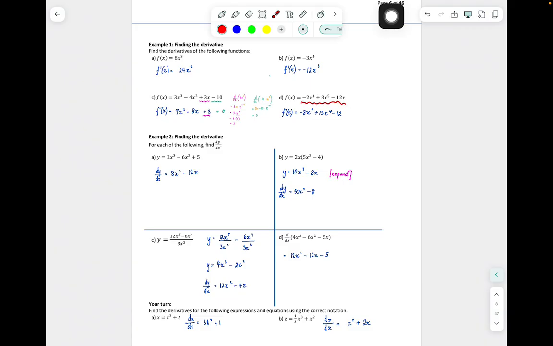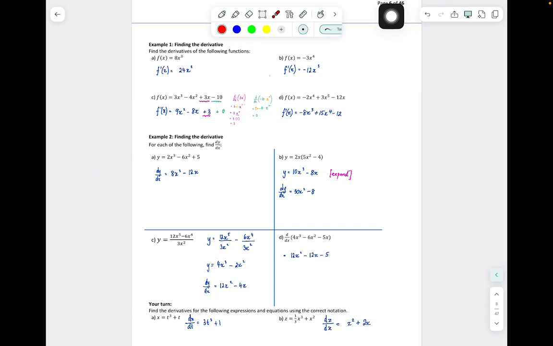In this example here, take the power, multiply it at the front, end up with -8, subtract the power by 1. 5 times 3, take the power, multiply it at the front, subtract the power by 1. -12x, if you take the power, multiply it at the front, subtract it by 1, you'll end up with just the coefficient at the front, just -12.